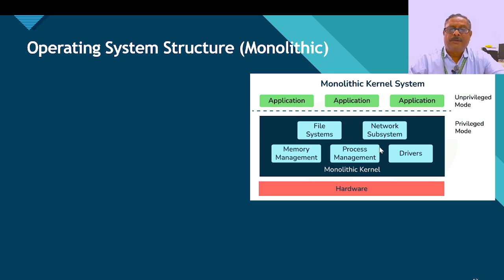The difference between this and the previous one is that all the applications will be working in unprivileged mode, whereas the kernel operations are working in privileged mode. Privileged mode means they have extra say on the usage of the resources compared to the unprivileged mode.